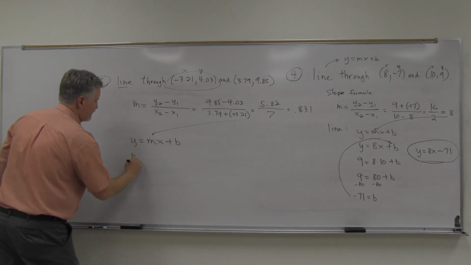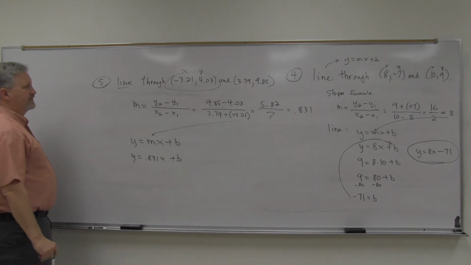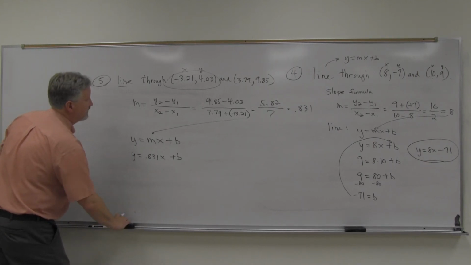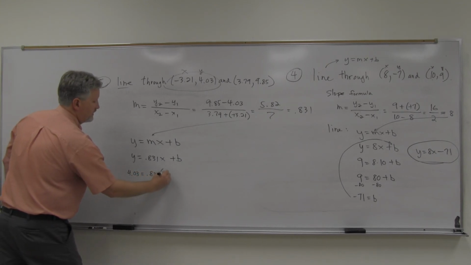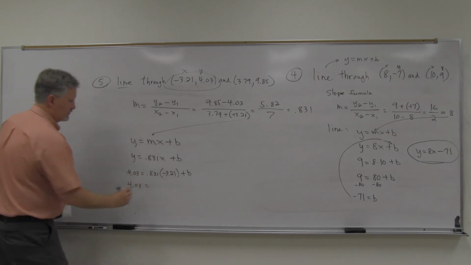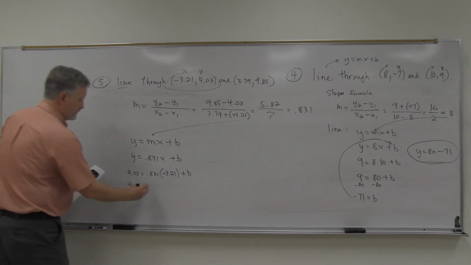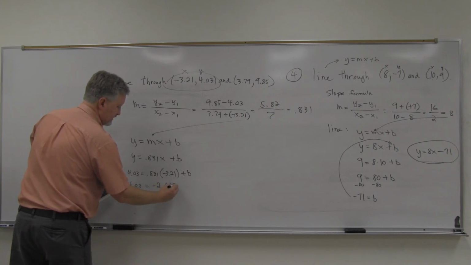All right, so y equals 0.831x plus b. Is that better? So now if we plug in our x and y, 4.03, negative 3.21, and 0.831, let's make sure the b is right, times negative 3.21, negative 2.668.